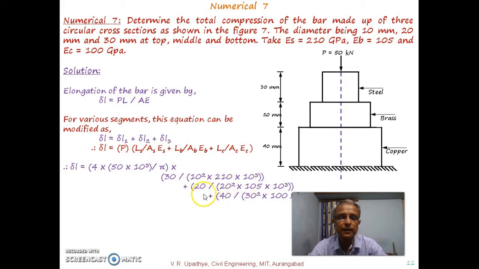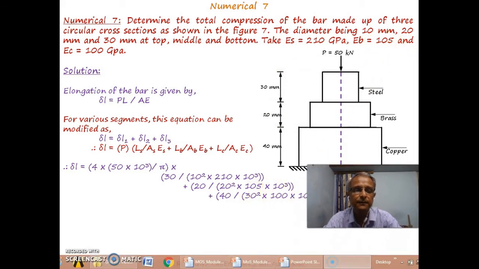Similarly, for the second material, brass, its length is 20 mm. So this is 20 divided by its diameter 20 square, pi by 4 d square, into its Young's modulus 105 GPa that was given, converted again into Newton per mm square.